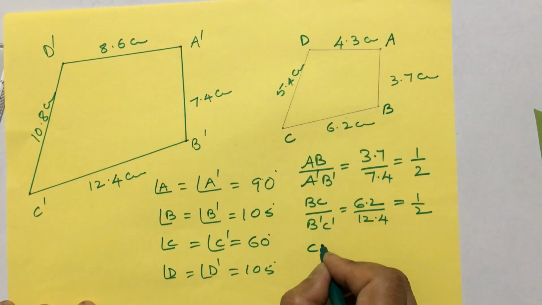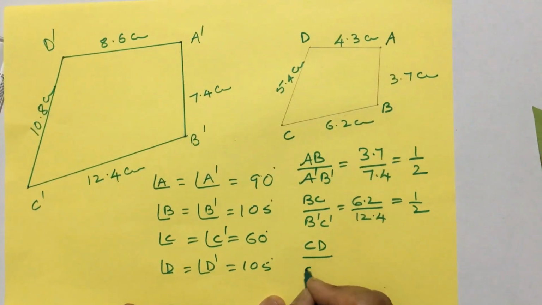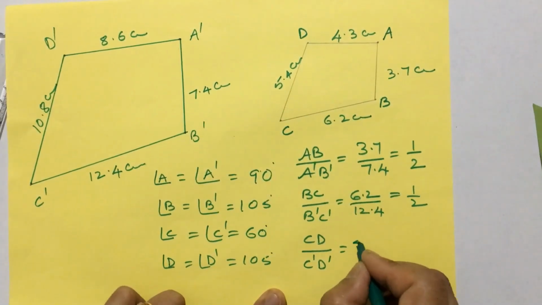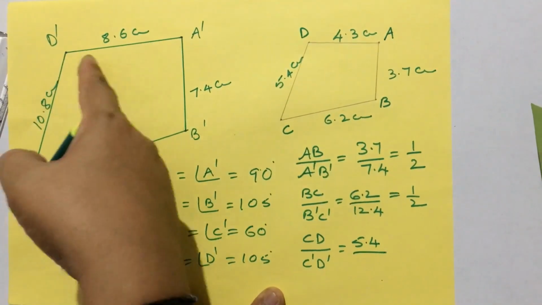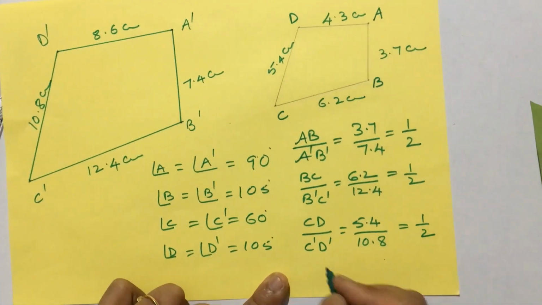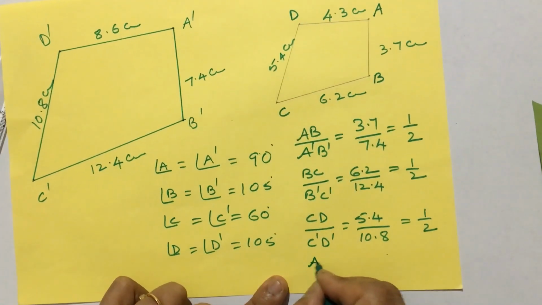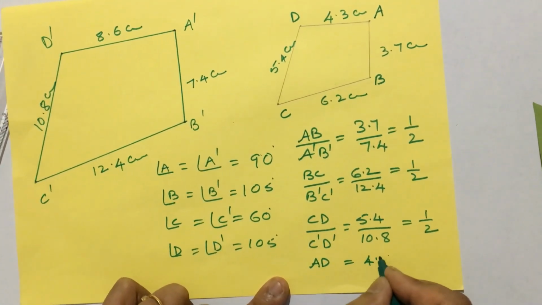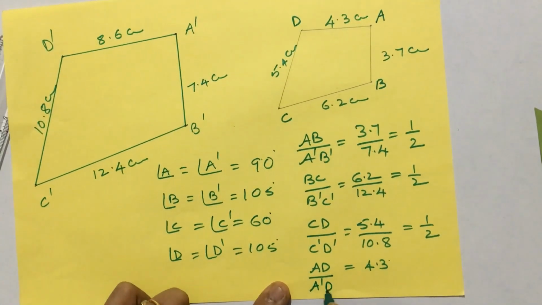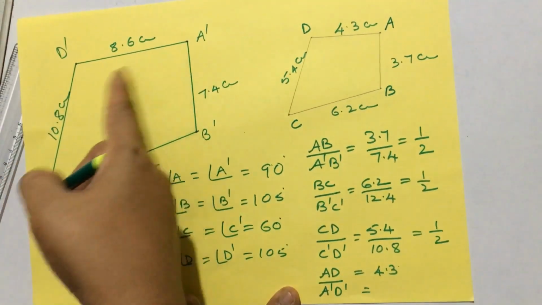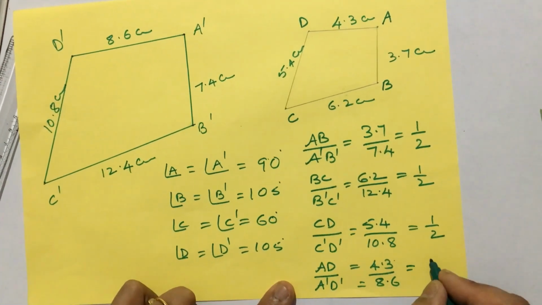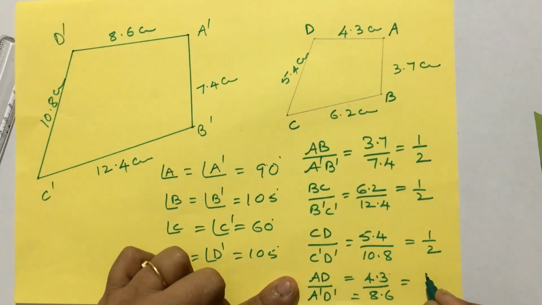CD by C dash D dash is 5.4 by 10.8, which is equal to 1 by 2. Coming to AD, 4.3 divided by A dash D dash, which is 8.6, when you take the ratio of those two sides, we get 1 by 2.